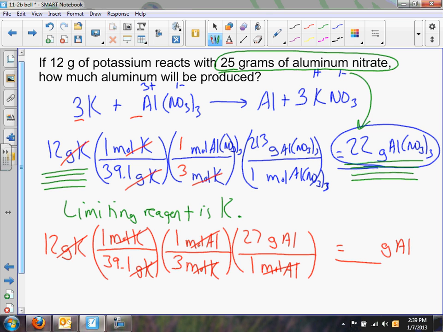Simply do the math here. 12 divided by 39.1 divided by 3 times 27 would be 2.76 or 2.8 grams of aluminum.